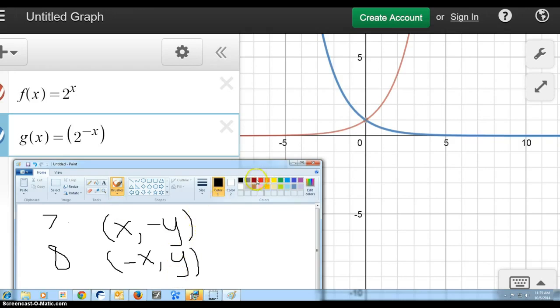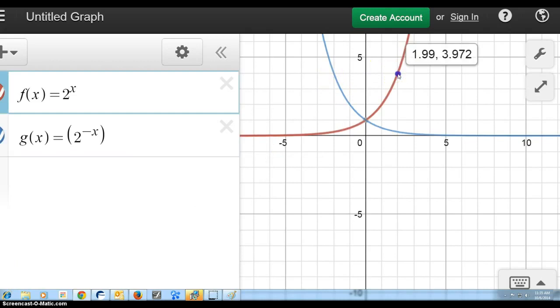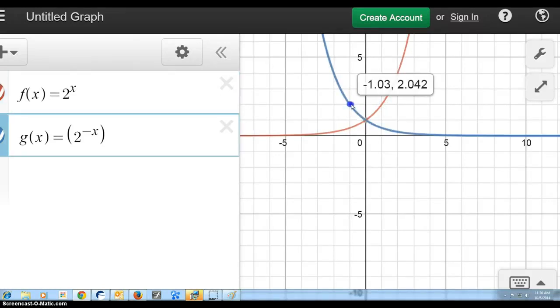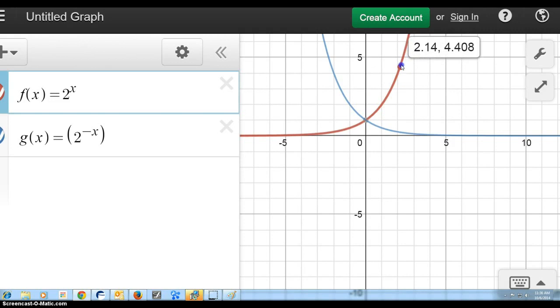So what we're saying is that each of these points, for example, this point versus this point right here. How about this one? The x is 1 and the y is 2. In this one, the x is negative 1 and the y is 2. So the x's are opposite. This one has negative x's, positive y's, and on the opposite side, you have positive x's and also positive y's.